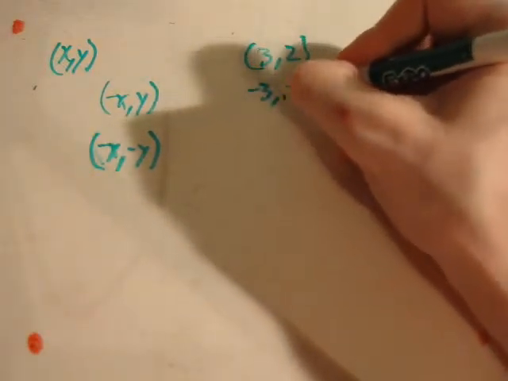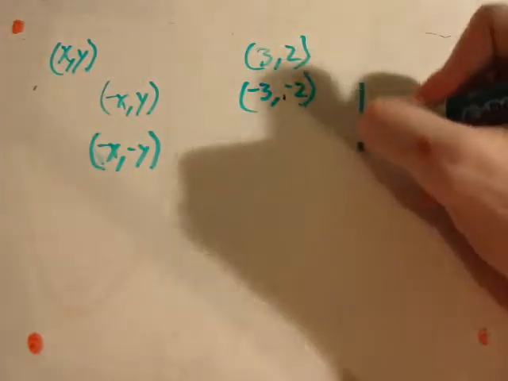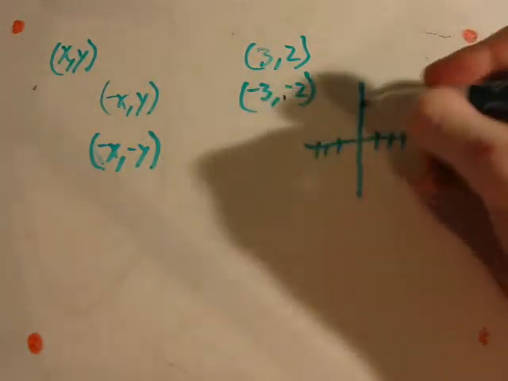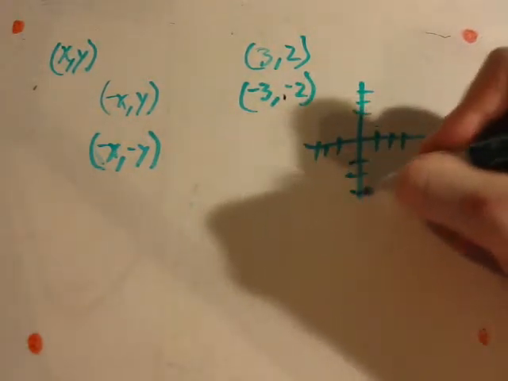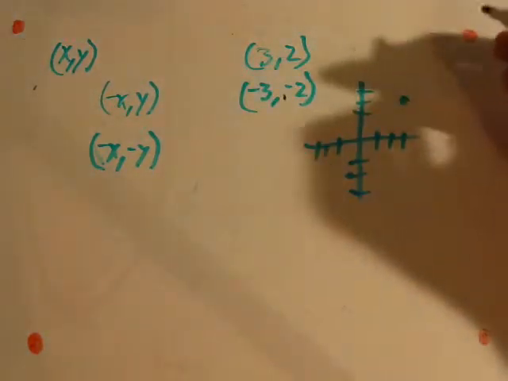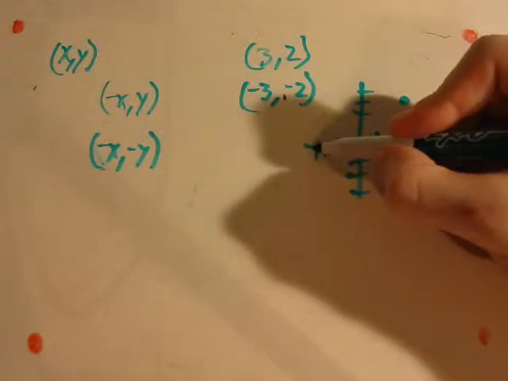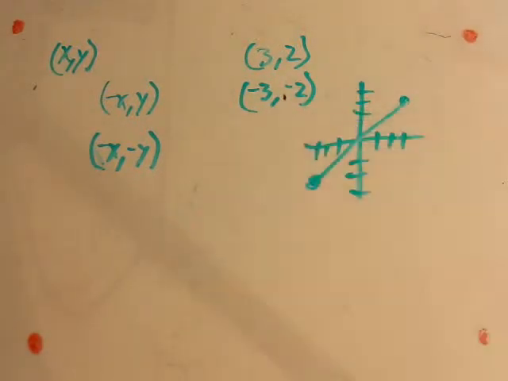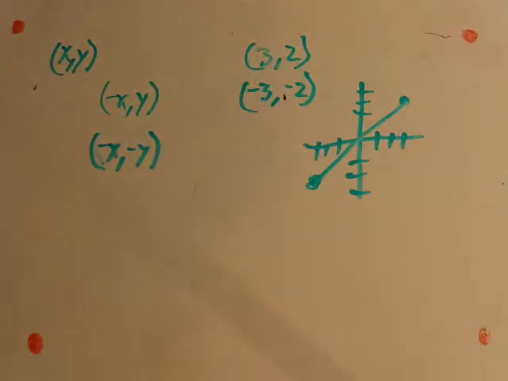Negative 3, negative 2. Three and 2, negative 3, negative 2. Symmetry around the origin, 0, 0.